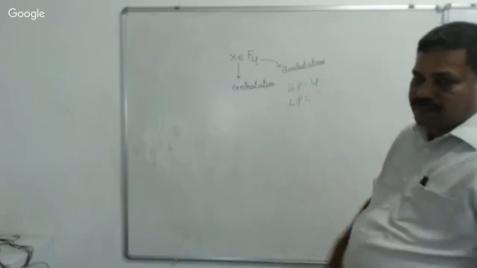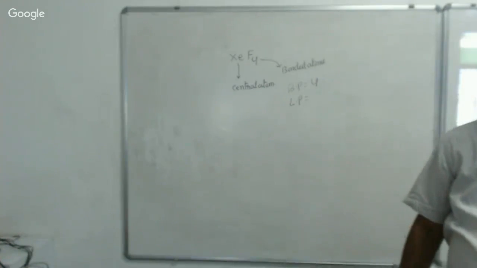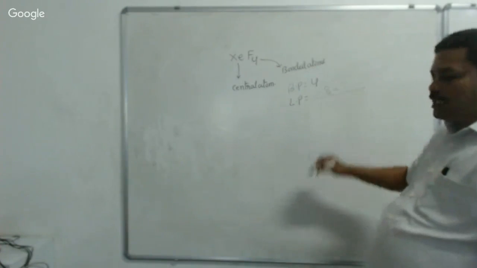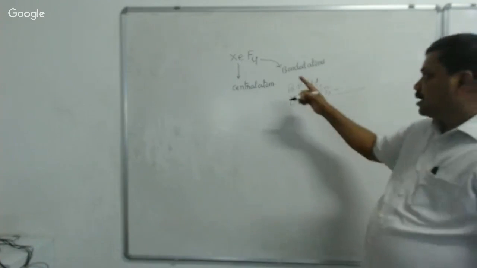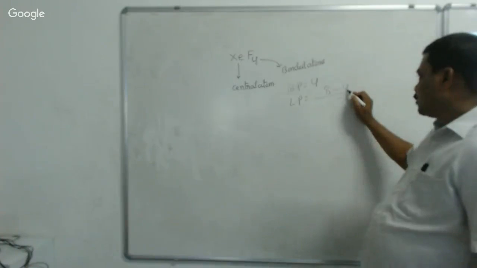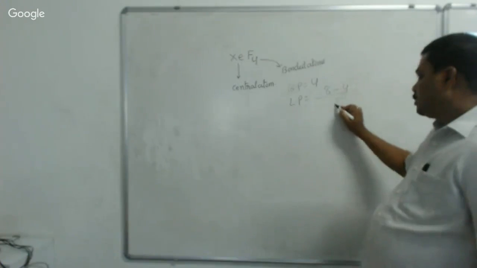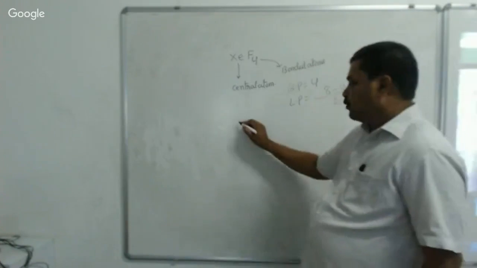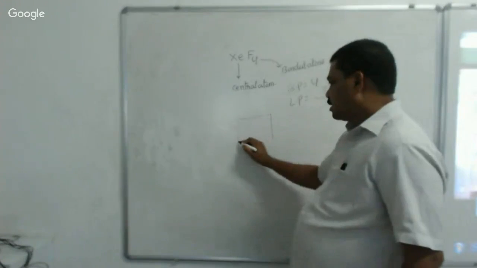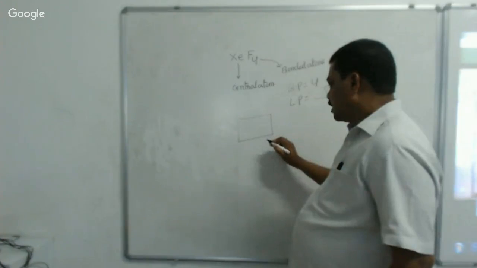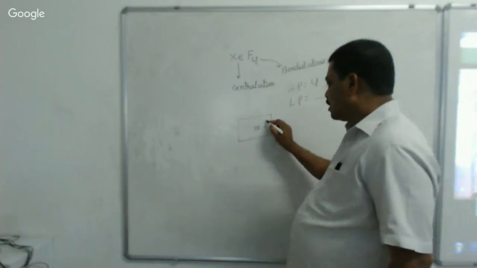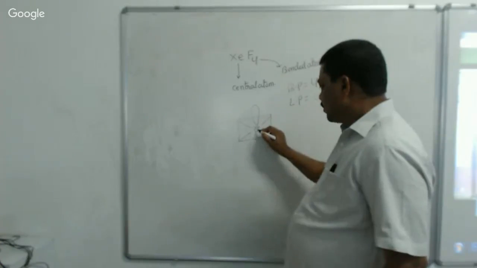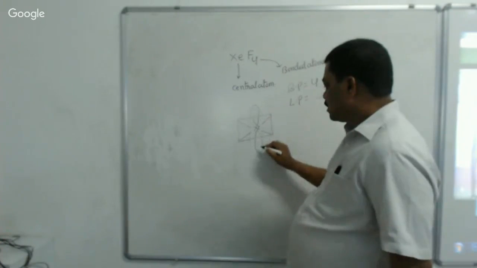Now lone pairs: we apply the same formula. Valence electrons in the central atom, 8, minus number of bonded atoms 4, divided by 2, gives 2 lone pairs. When there are 4 bond pairs and 2 lone pairs, the shape will be square planar.